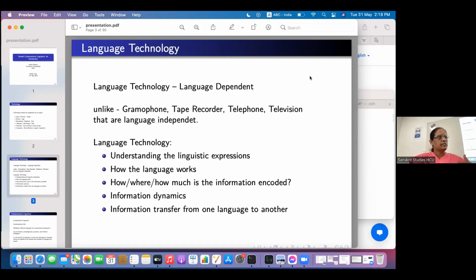How does information get transferred from one language to another? These are some of the issues people were interested in.